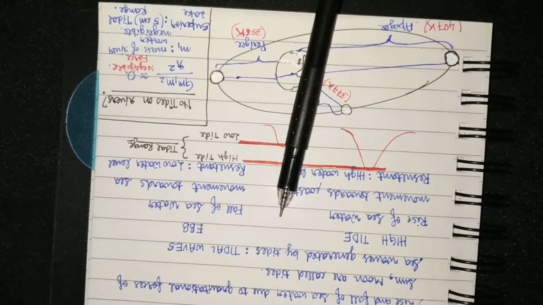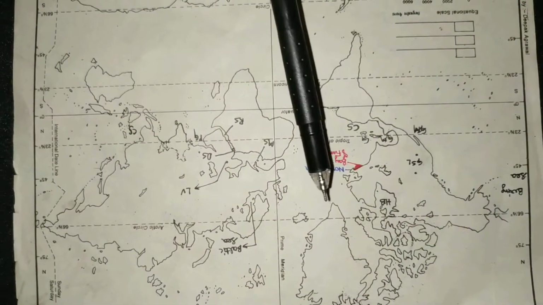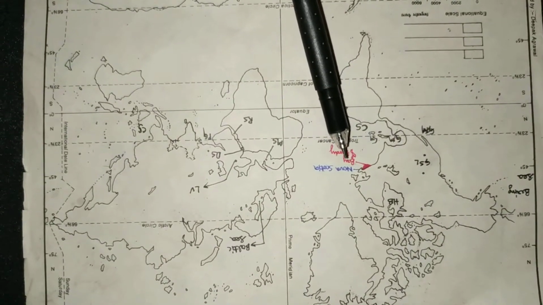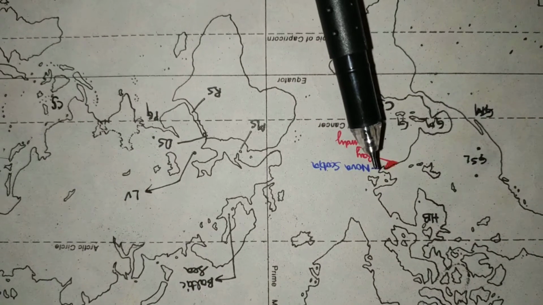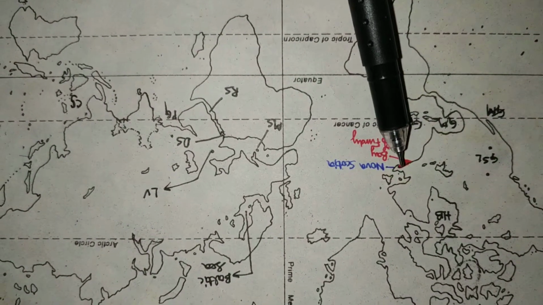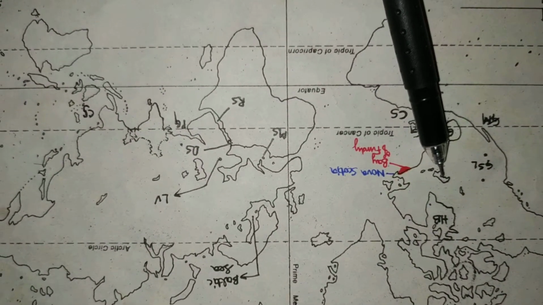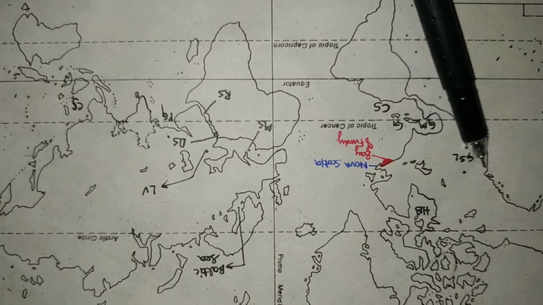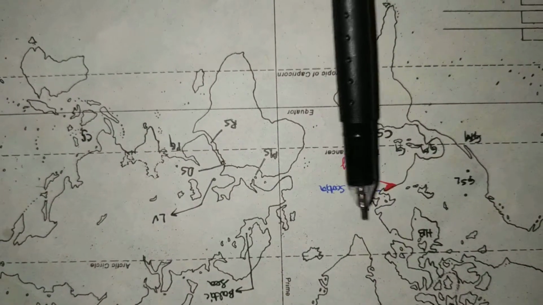Can you imagine? 12 meters. Bay of Fundy is somewhere here. This is Nova Scotia of Canada, and just below Nova Scotia we have the border line separating Lake Superior between Canada and the US. This is Bay of Fundy, 12 meters.